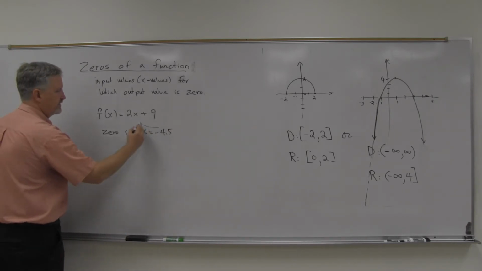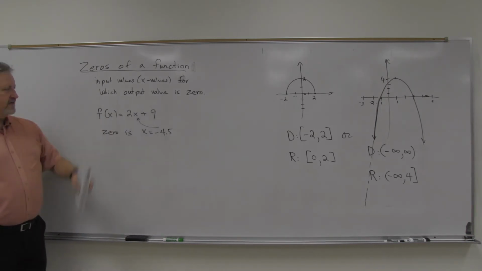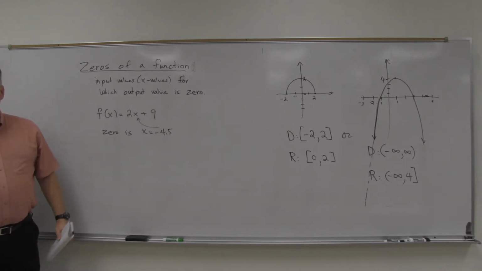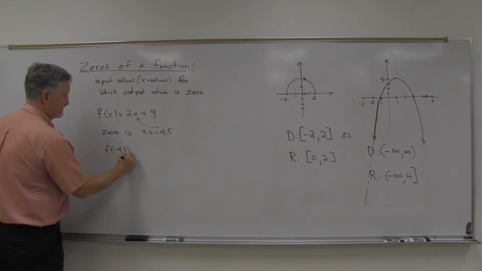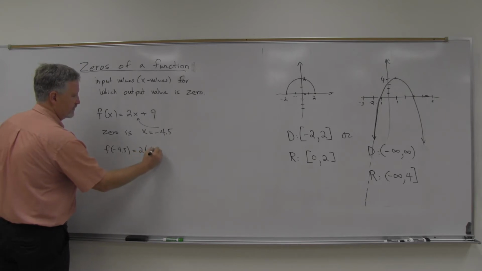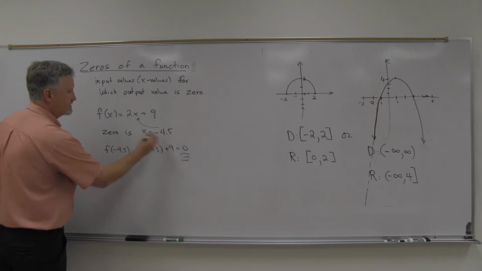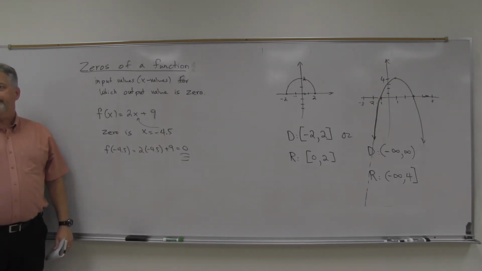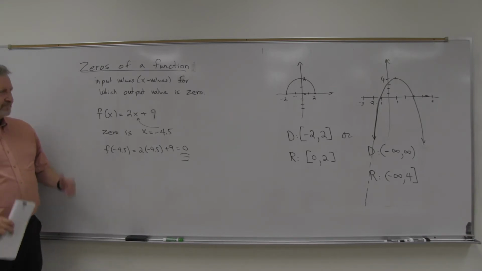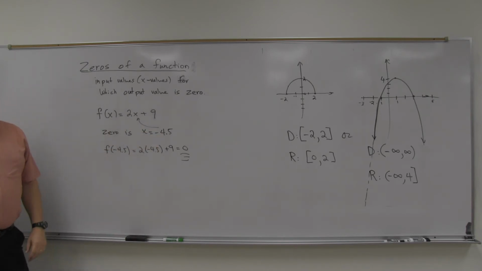What do you get if you plug in x is negative 4.5? 2 times negative 4.5 is negative 9 plus 9. You get 0. All right, so that's what makes negative 4.5 a 0 of this function, because it makes the function value 0. So that's what a 0 is. It's the value that makes the output value 0.